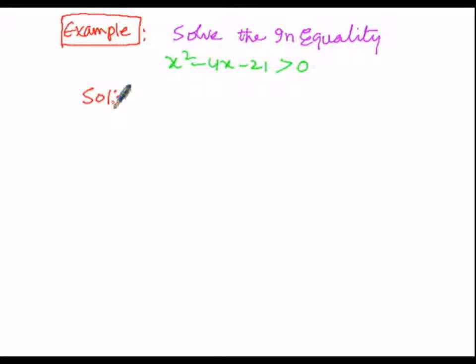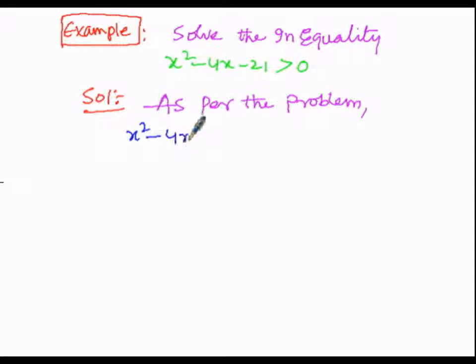Solution starts now. So in our solution, as per the problem, the inequality which is given to us is x square minus 4x minus 21 greater than 0. So this is the given inequality.